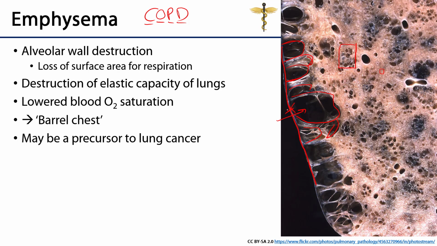And so not only are they getting lower O2 sats, but this constant employment of the accessory muscles of respiration can remodel the rib cage and give more of a barrel-chested appearance. And with things not moving as efficiently, and not just air, but mucus and things accumulating within the lungs, emphysema can be a precursor to lung cancer as well.